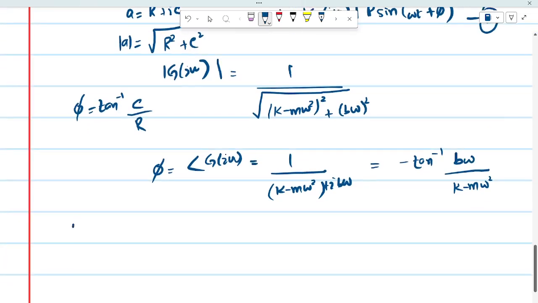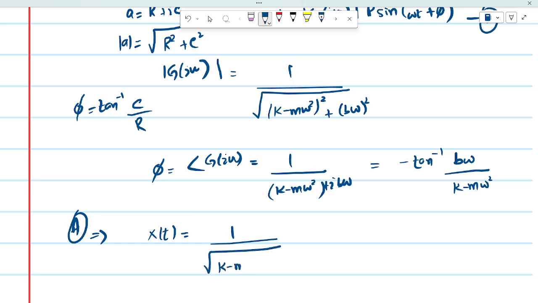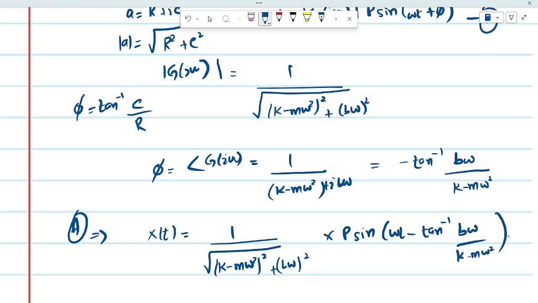So x of t would be equal to 1 over the under root of (k minus m omega square) square plus (b omega) square, into p sine omega t plus phi. It becomes minus tangent inverse b omega divided by k minus m omega square.